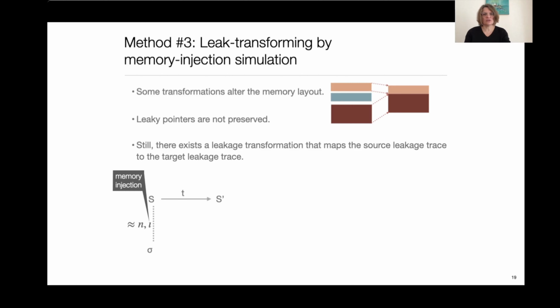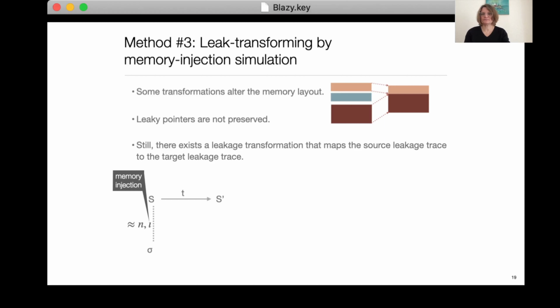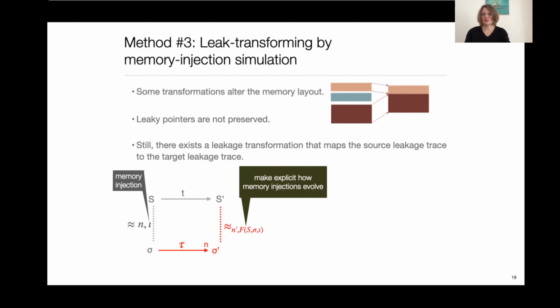This means that we need to define this injection, this relation between memories before and after this transformation, and we need this injection in our matching relation. Then, in the simulation relation, we have to explain how this memory injection is transformed.